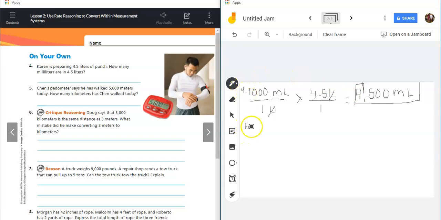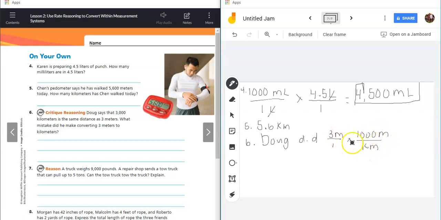Okay, I'm not going to do number 5 because number 5 is an odd problem, but I'll give you the answer. It is 5.6 kilometers. Number 6. Doug says that 3,000 kilometers is the same distance as 3 meters. What mistake did he make converting 3 meters to kilometers? So, what Doug did was 3 meters over 1 times 1,000 meters over 1 kilometer.